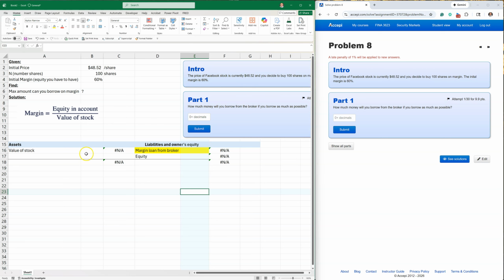Normally you could look at it like a T account, like a balance sheet. So the value of my stock is going to be equal to how much it was times 100 shares, right?